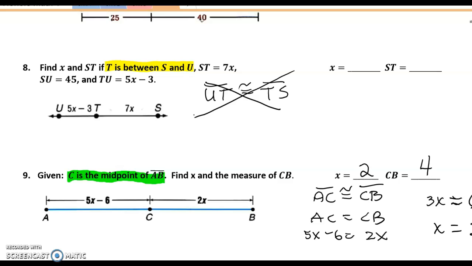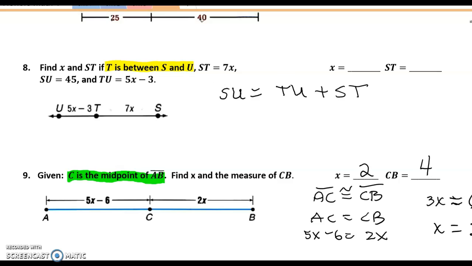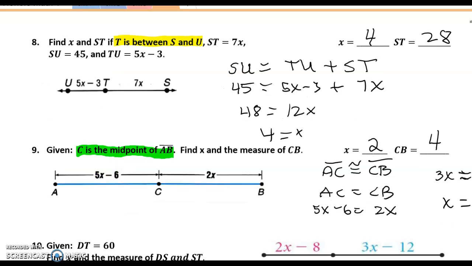It is not given. What we do know from the given information is that the bigger segment SU is equal to TU plus ST. With that statement of segment addition, we're able to write an equation. Solving for x, we get x is equal to 4, and thus the length of ST is 28.